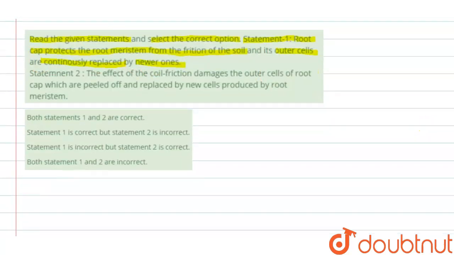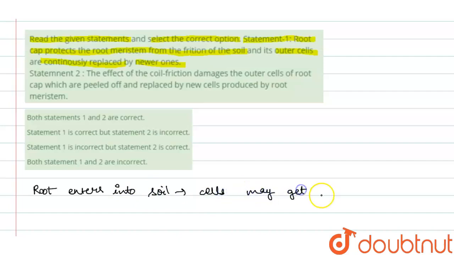So what happens that when the root enters into the soil, then the cells of root may get damaged due to soil friction.